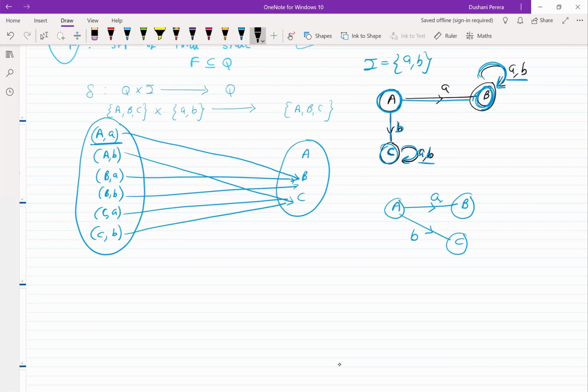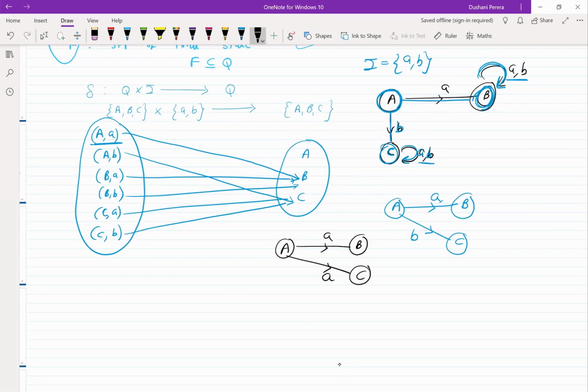Okay, and the next important thing is a DFA will never include something like this. It is an input symbol A that goes to C as well. These types of transitions are not allowed in a DFA, which means the same input symbol cannot take you from one state to multiple states.